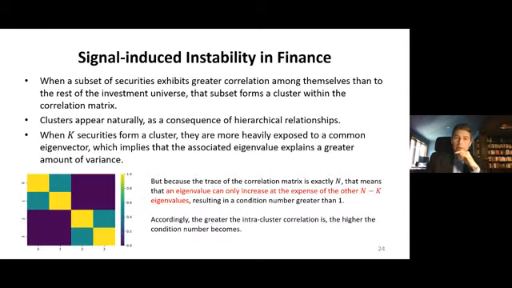How common is it in finance to identify significant off-diagonal elements? Well, it's extremely common. When you think of sectors, regions, these shared, or I should say partially shared, sources of risk mean that financial correlation matrices tend to be clustered.